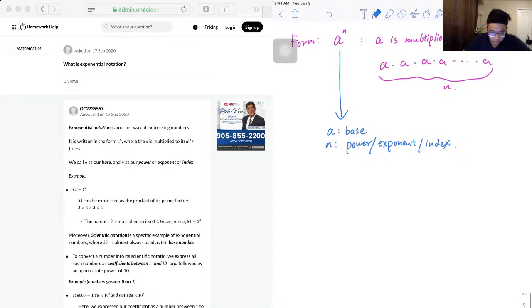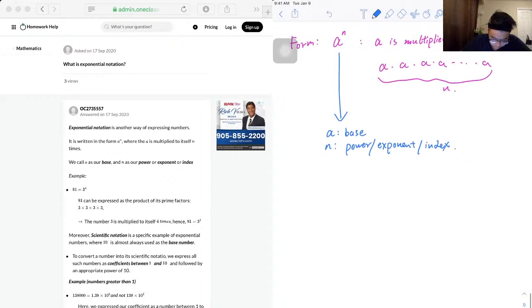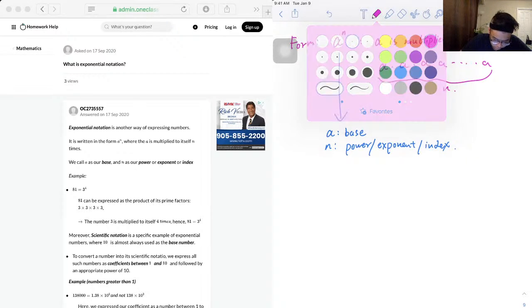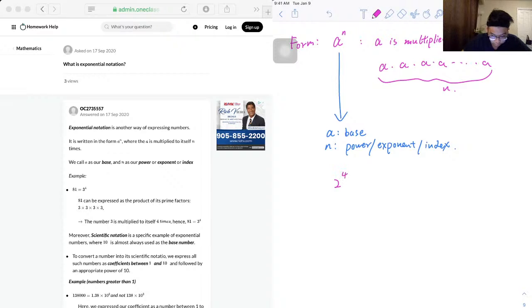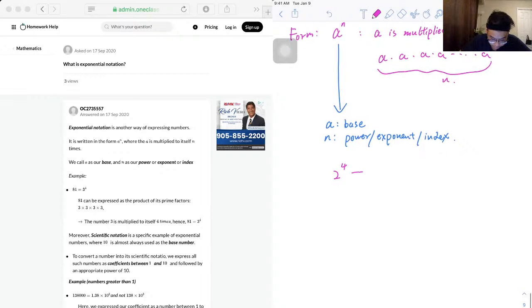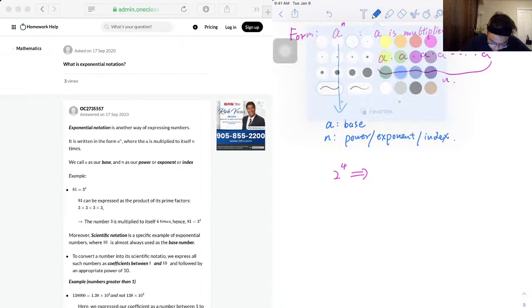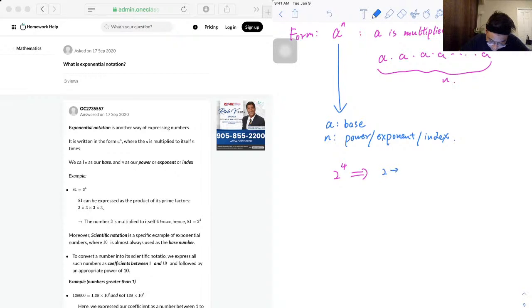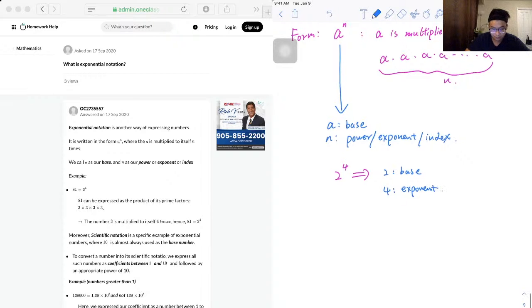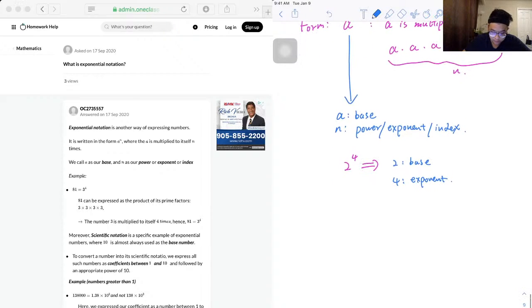So if I say 2 to the exponent of 4, in this case, 2 will be our base, and 4 will be our exponent. So that's an example of it.